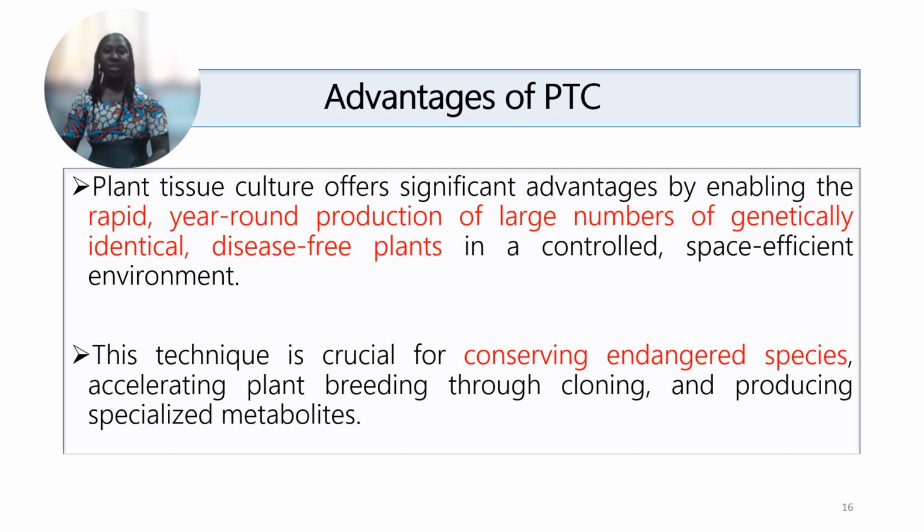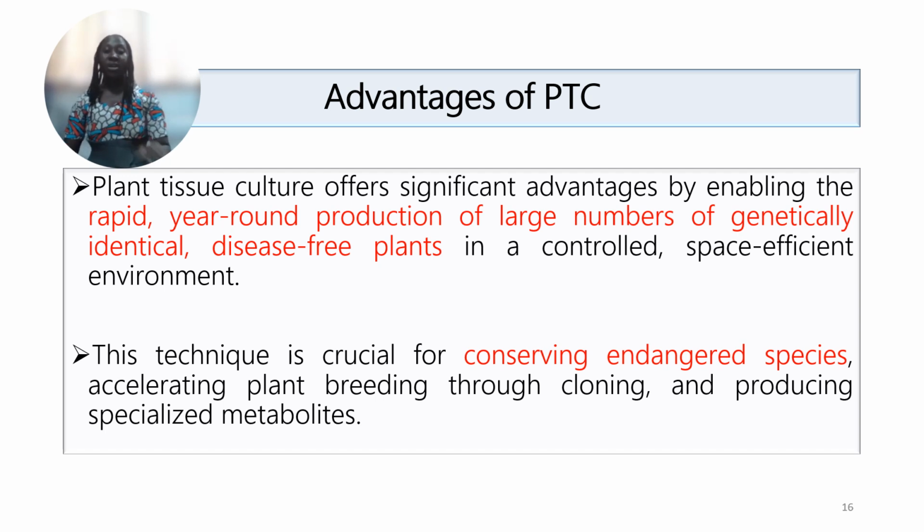What are the advantages of plant tissue culture? Generally, plant tissue culture enables the rapid year-round production of large numbers of genetically identical disease-free plants. Yes, we can get plantlets at any time because it is done in the laboratory. Another thing is that it is crucial for conservation of endangered species.